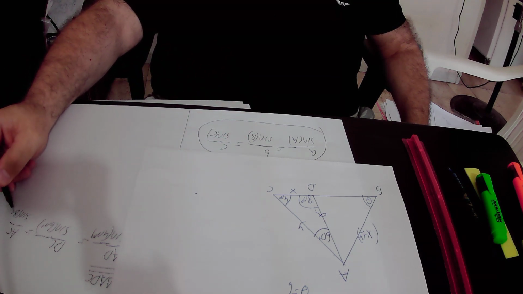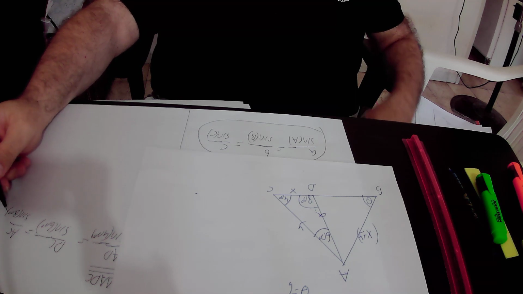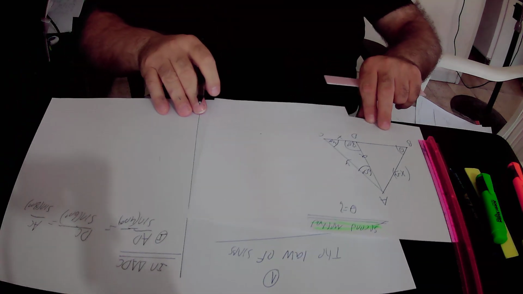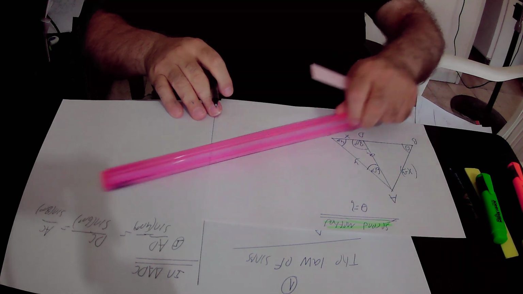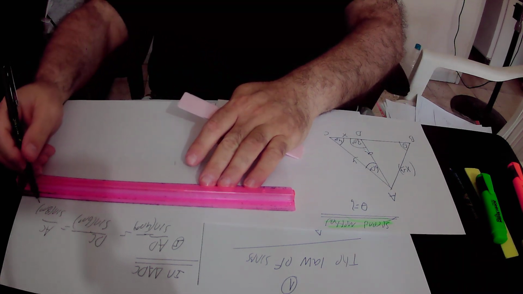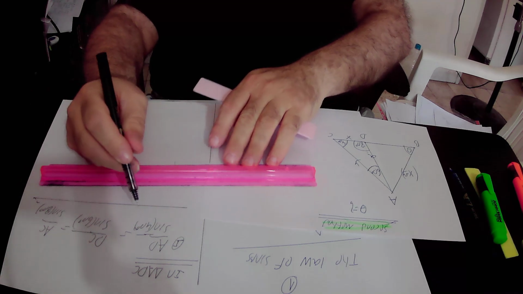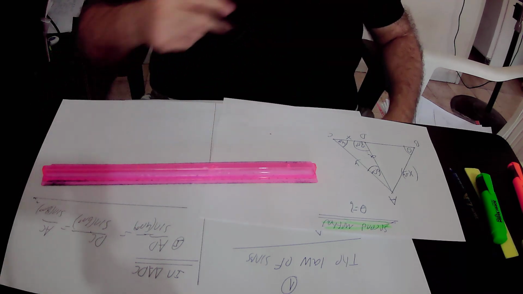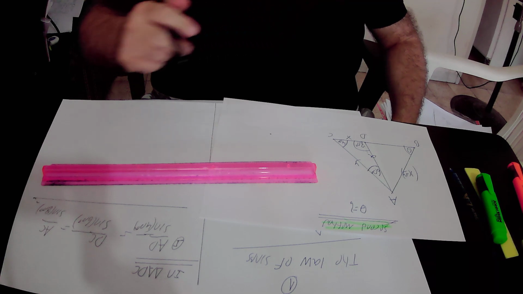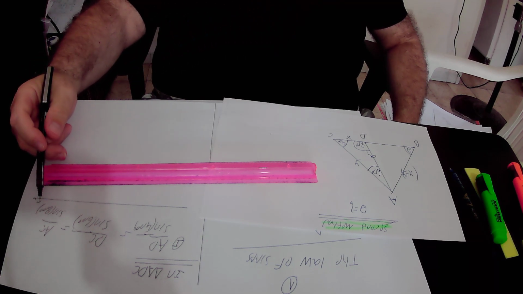So actually this equation that I wrote here is the implementation of the law of sines in triangle ADC. AD over sine 40 degrees equals DC over sine 60 degrees equals AC over sine 80 degrees.